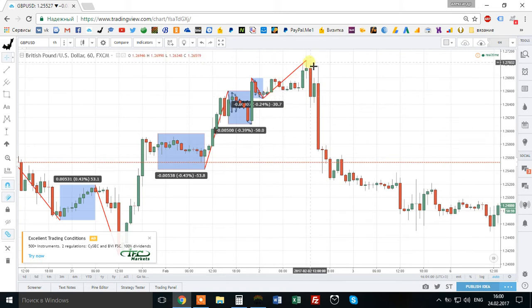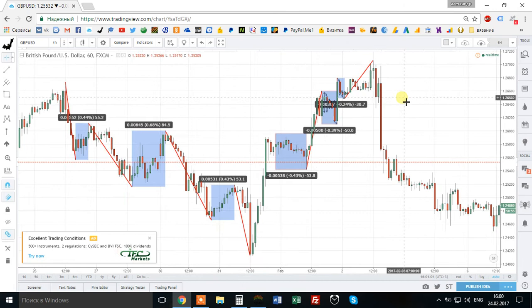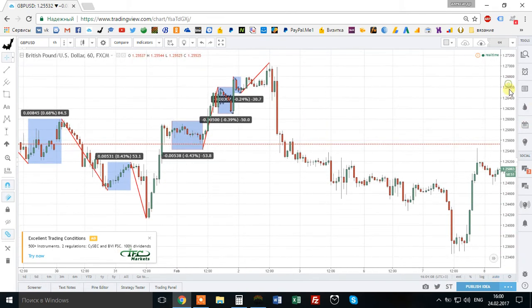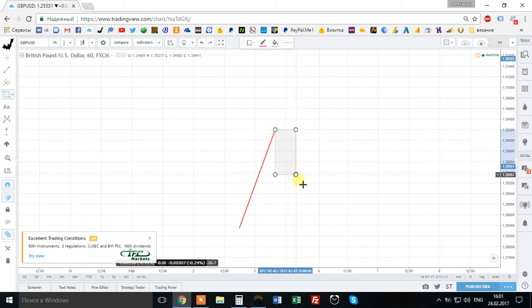So the last swing to the upside was this. Okay, that's it. So what is the correction? You should understand the rules. When you have a swing to the upside, actually the correction is a range that is within this swing.